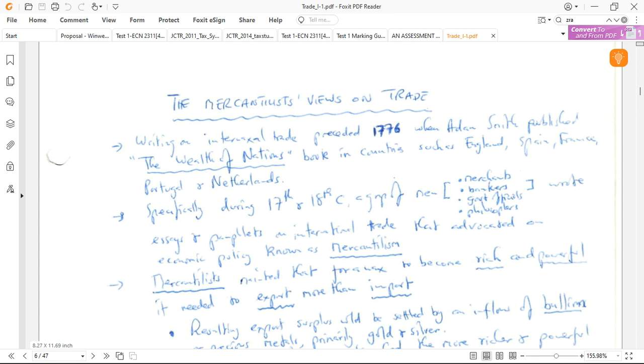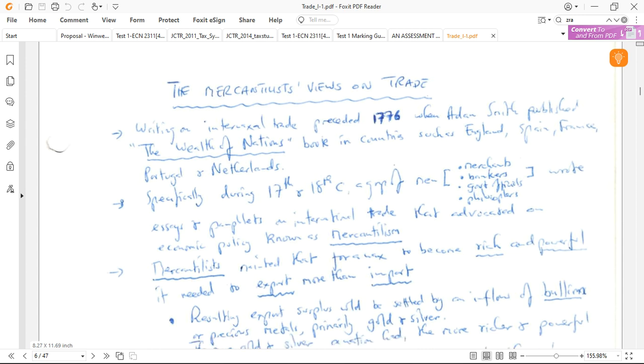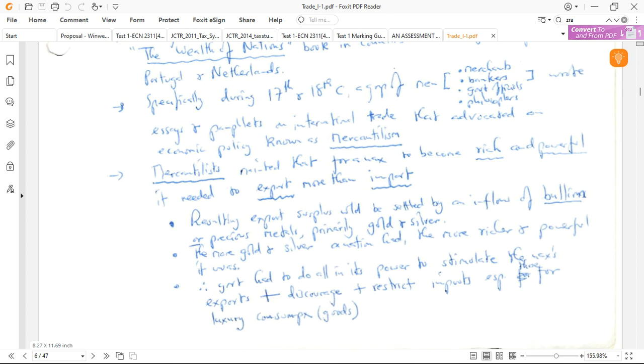But away from the criticism, with the mercantilists, their view is that you have to export more than you're importing, right? Trade is not mutually beneficial. One party is supposed to win at the expense of the other.